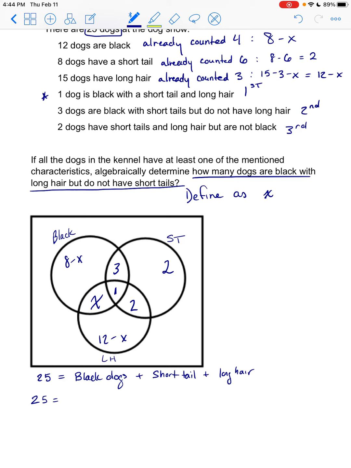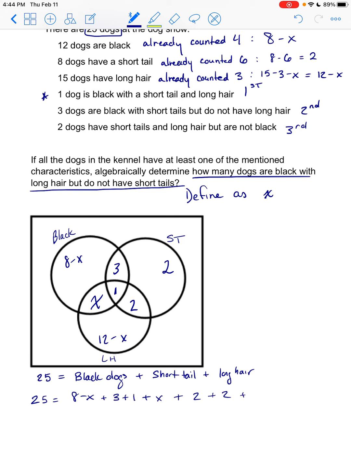So our black dogs, we have 8 minus x plus 3 plus 1 plus x. Those are everything in the black subset. For the short tail ones, there are 2 that are just short tail, and there are 2 that are short tail and long hair that we haven't counted yet.